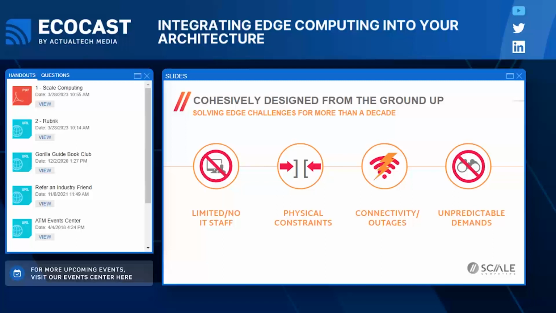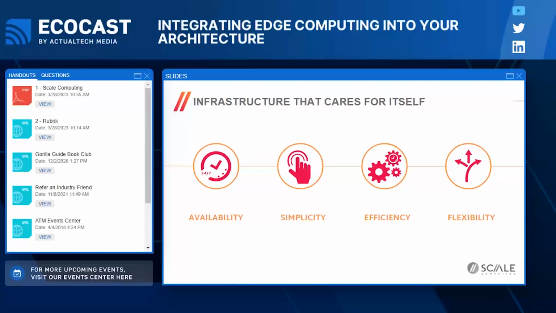We find very often our customers, once they have this centralized infrastructure and they see how easy it is to deploy a new application in a matter of days or weeks versus months or years out to a large distributed environment, the business units just want to get these things out as quickly as possible.